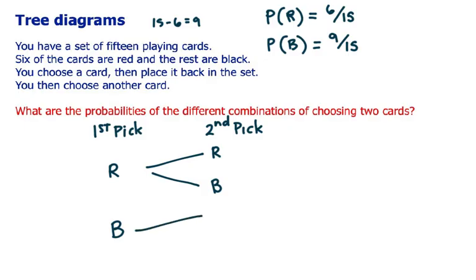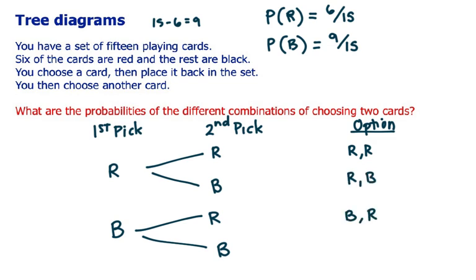And here, I either choose a red or a black card. So in fact, all the options, let's look at all of them. You can pick red followed by red, red followed by black, black first followed by red, and then black first followed by black. Now all of these different outcomes, these 4 options, will have different probabilities.